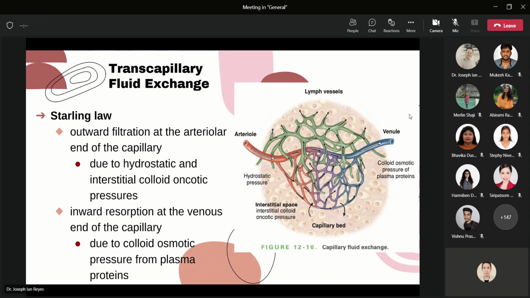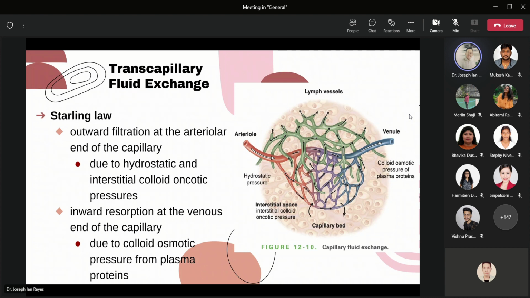Starling proposed outward filtration at the arteriolar end of the capillary due to hydrostatic and interstitial colloid oncotic pressure, and the inward resorption at the venous end of the capillary due to the colloid osmotic pressure from the plasma protein. I hope you remember your physiology.